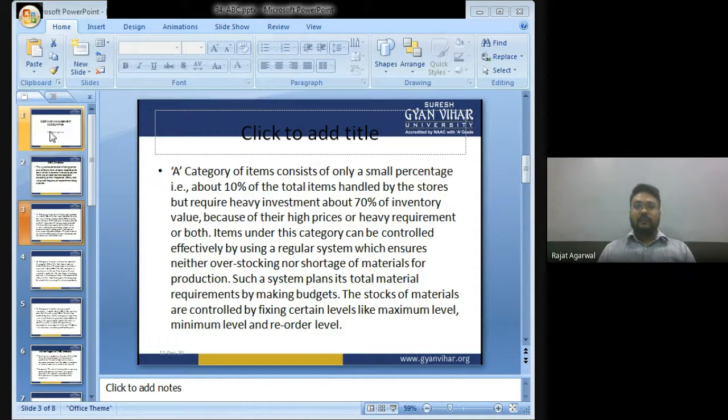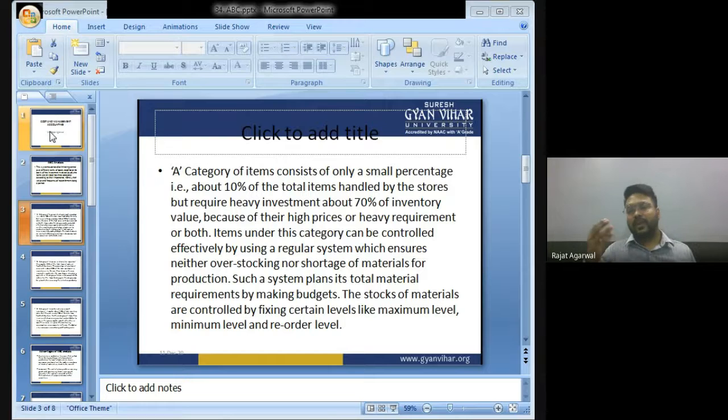Now, we will put more care and more stock over the material of A category. We will put more labor, more care, more precaution for the items of A category. We will put comparatively less care, less attention, and less investment in items of B category.